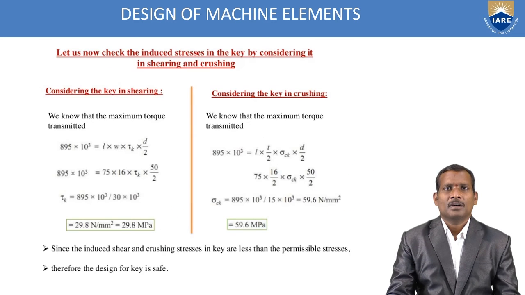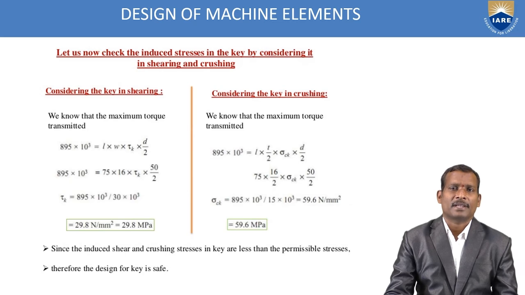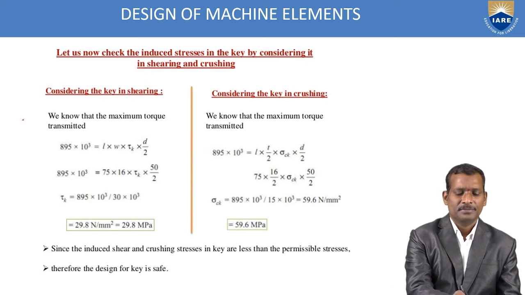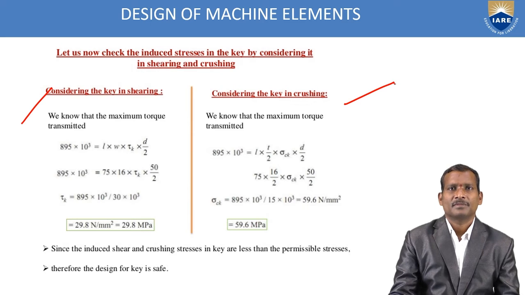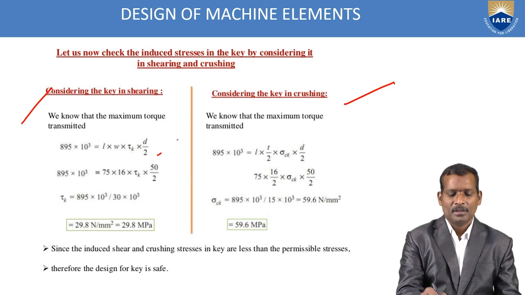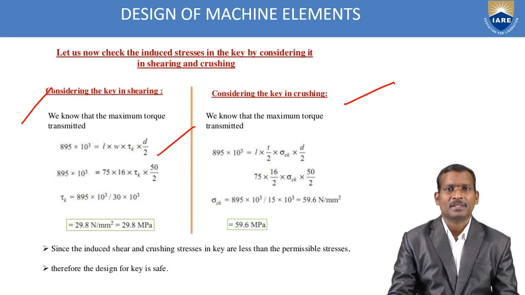Length of the hub is equal to 1.5 times the shaft diameter. Now let us check the induced shear stress in the key by considering it in shearing and in crushing. Check for shearing strength, check for crushing strength. We know that the maximum torque transmitted T is equal to L into width of the key into shear stress of the key into the radius d by 2, the radius of the shaft.